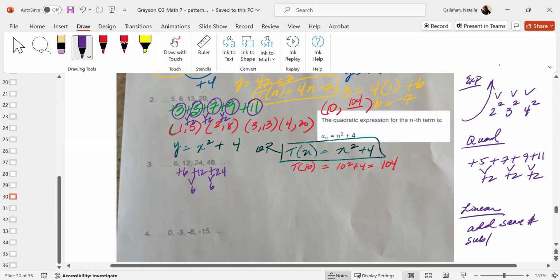Okay, I think this is going to be quadratic as well, right? So if we're going to go into the next one, it's going to be 48 plus what? What's after 6, 12, 24? The difference here is going to be 6, 30. Because you have 6 plus 6 is 12. 12 plus 6 is, nope, that's not it. 12 plus 12 is 24, right? 6, 12, 24, 48.